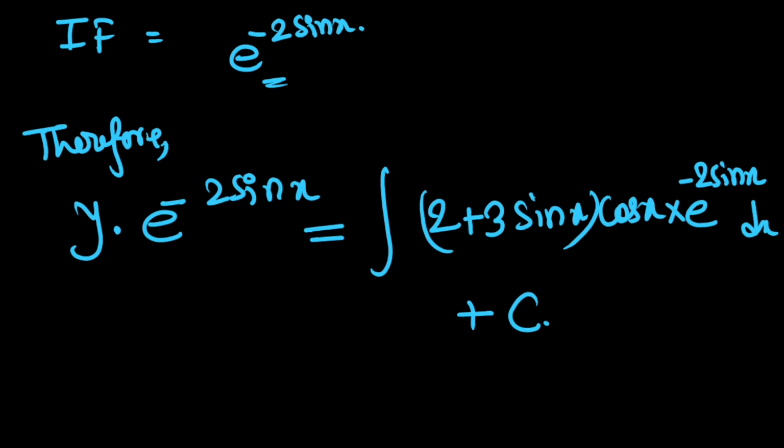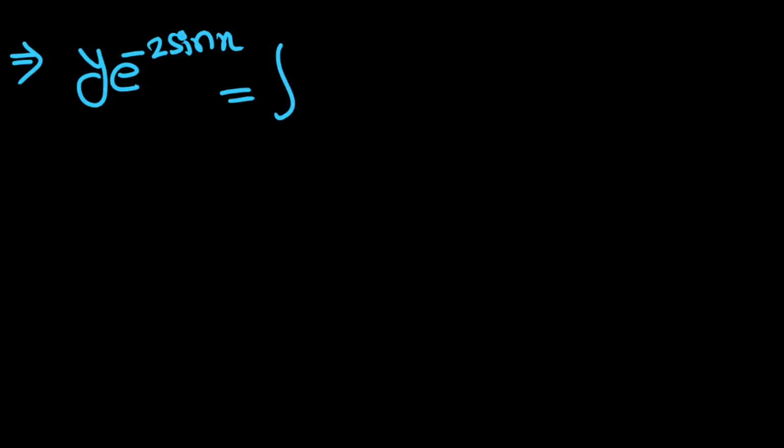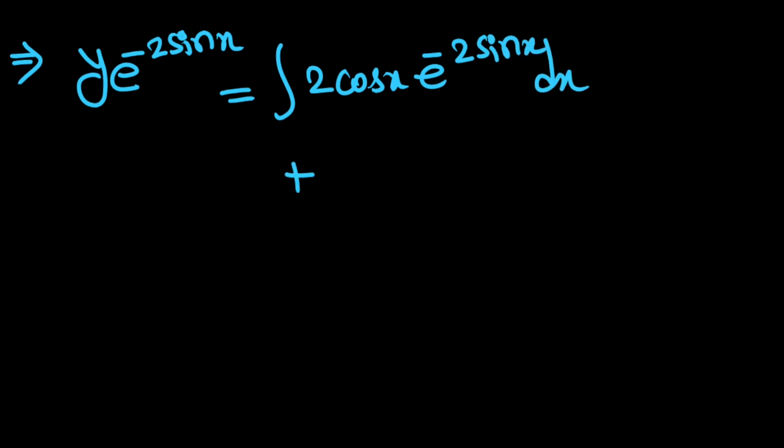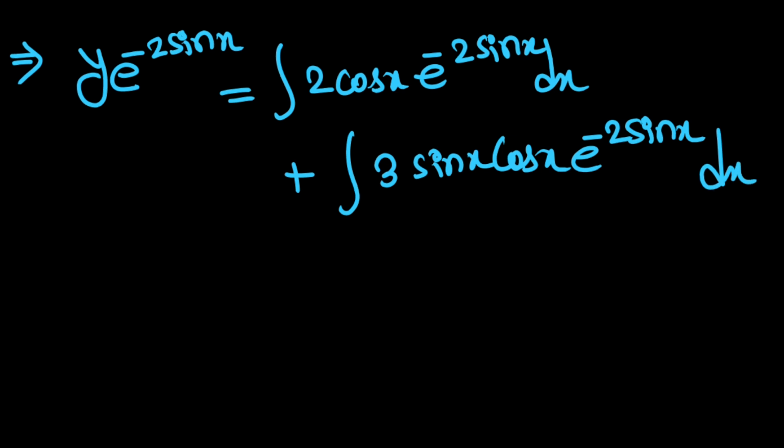Now we write our solution clearly: y e to the power minus 2 sin x is equal to, expanding this bracket, we obtain two integrations. The first integration is 2 cos x e to the power minus 2 sin x dx, and the other is 3 sin x cos x into e to the power minus 2 sin x dx, plus the integration constant.